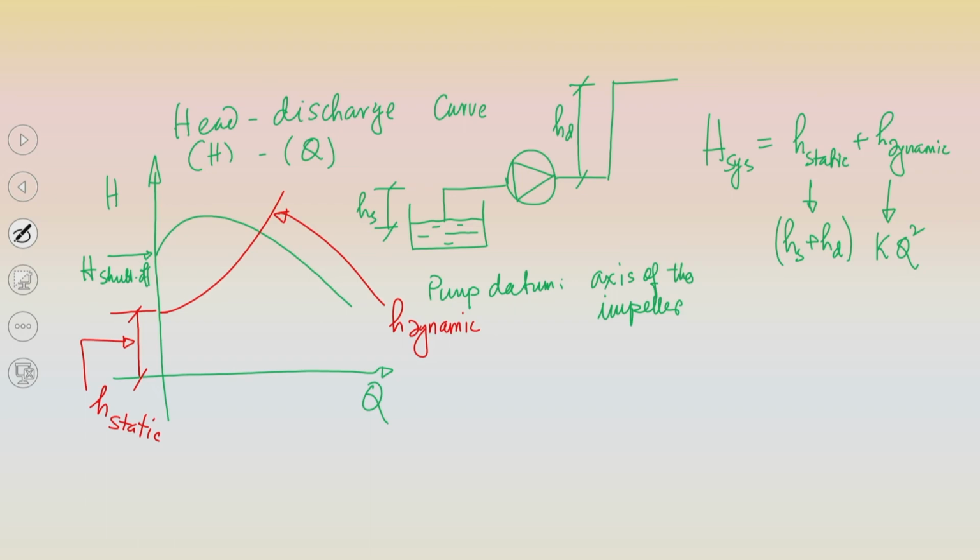Okay. And these two curves intersect at a point, and that is the operating point of the pump. If we calculate the head and discharge corresponding to this operating point, this is Q operating and this is H operating.